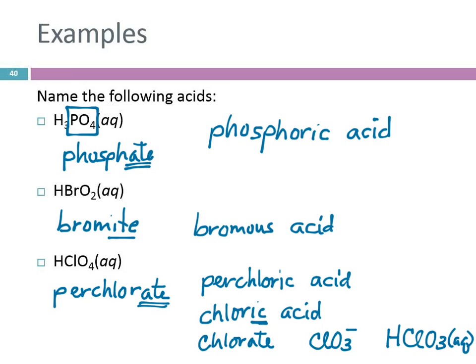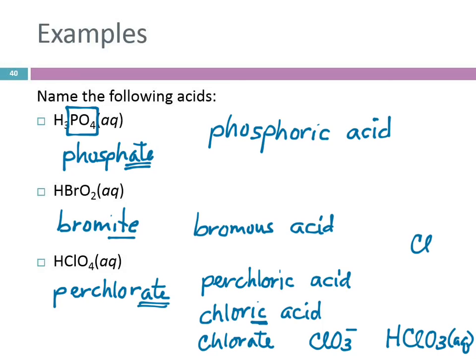There's also an acid called hydrochloric acid. They are different acids. Their names have to be different. If we use the prefix hydro with these guys, then this one would be hydrochloric acid. But hydrochloric acid doesn't have any oxygen in it. The hydro tells us it's just hydrogen and chlorine.